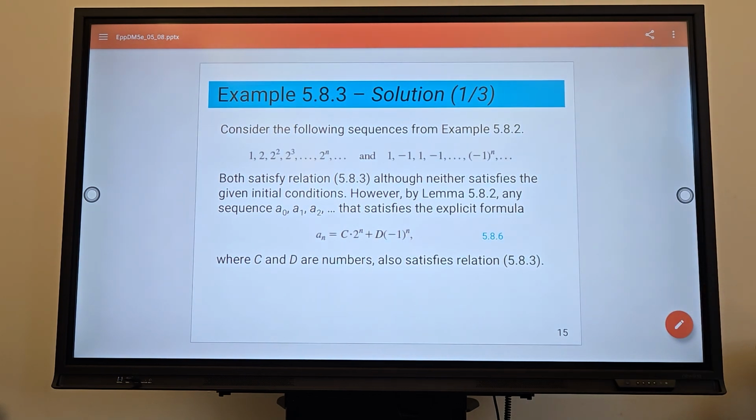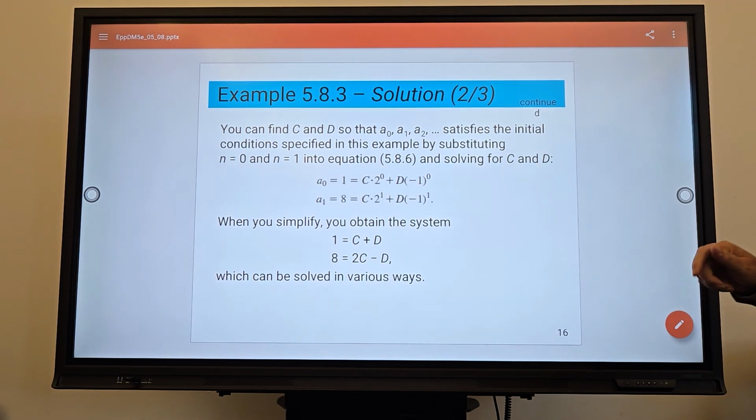Well, consider the following sequences. They both satisfy the relation, although neither satisfies the given initial conditions. However, by Lemma 5.8.2, any sequence a that satisfies the explicit formula a sub n equals c times 2 to the n plus d times minus 1 to the n, where c and d are numbers, also satisfies the relation.